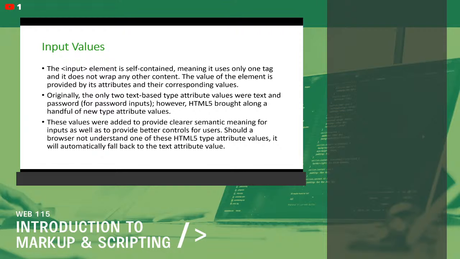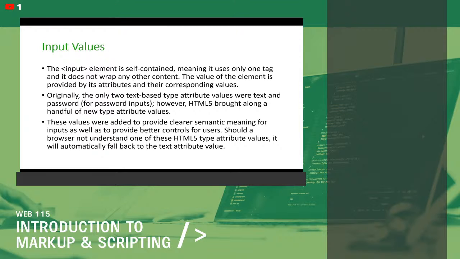So in addition to these particular text fields here, we also have all kinds of other types of inputs here that we could use. You know, text we can use for everything. Text can be kind of a catch-all, but we have other input types that we could use for more specific elements.